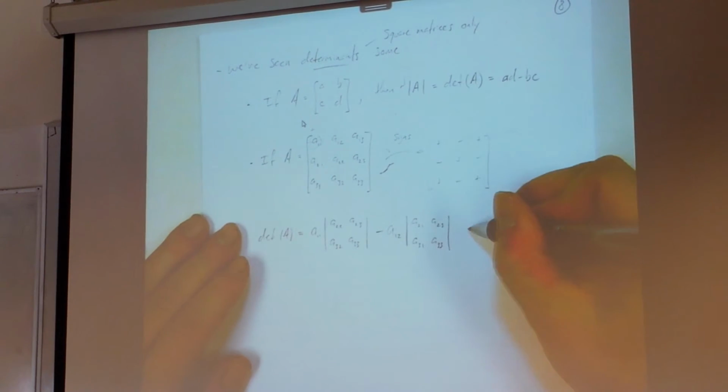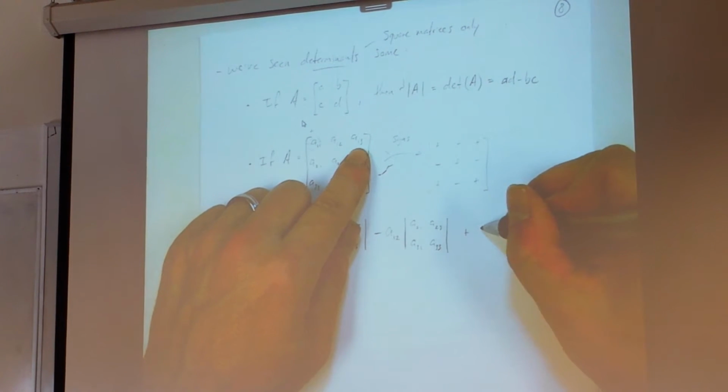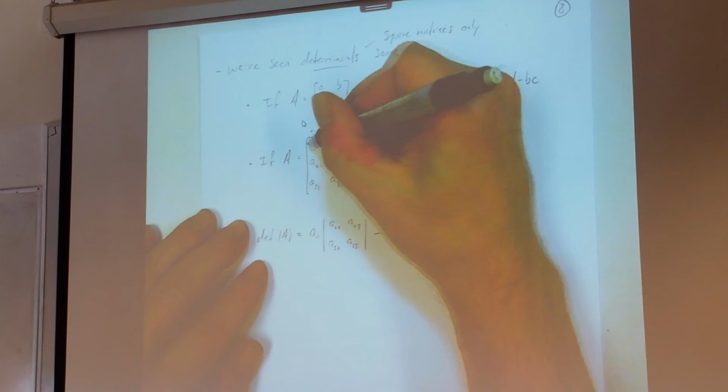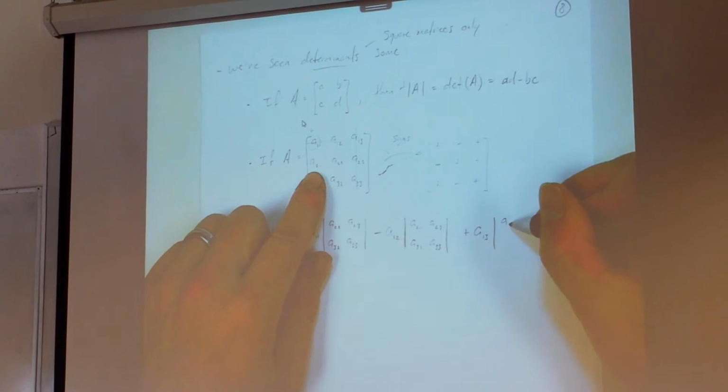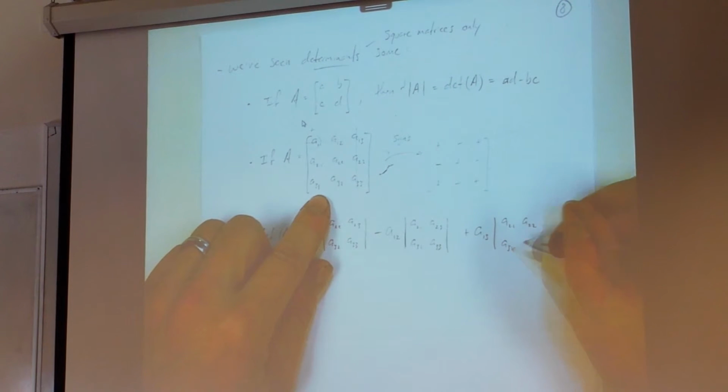Finally, plus, and then the last one in the row, a13, times the matrix when I delete the row and column it appears in: a21, a22, a31, a32.